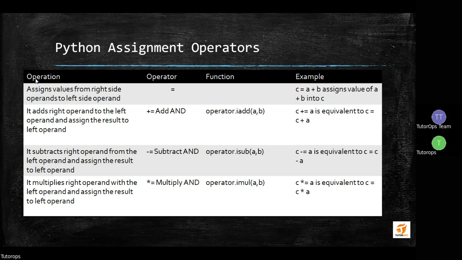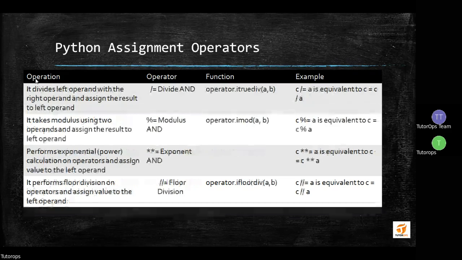So C plus equal to A is equivalent to C equal to C plus A. Then C minus equal to A is equivalent to C equal to C minus A. C star equal to A is equivalent to C equal to C star A. So instead of using three operands, we can use it with two operands. There are some more assignment operators: divide and, modulus and, exponent and, floor division and.